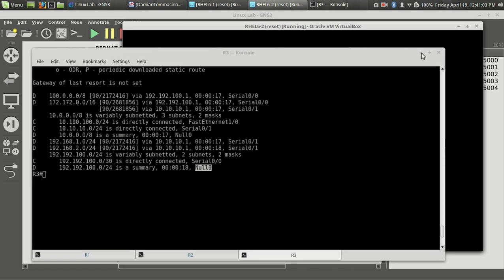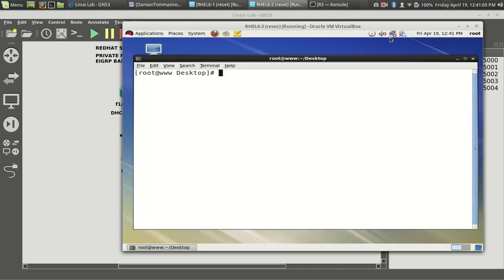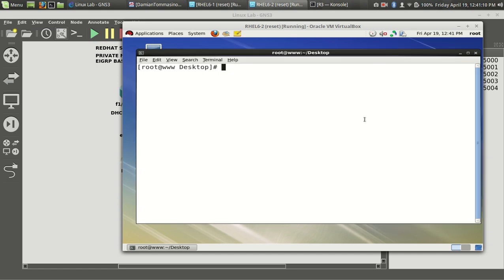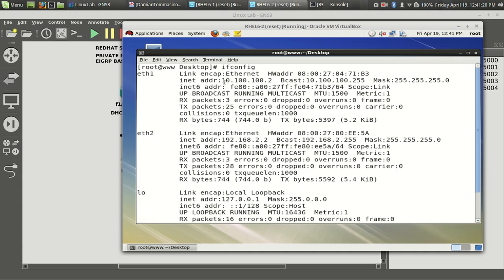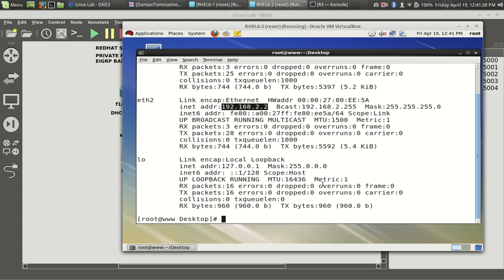Over to my Red Hat server. To get the IP address, the very simple command is ifconfig. I have the IP address 10.100.100.2. This is two interfaces. I am able to ping 100.1.